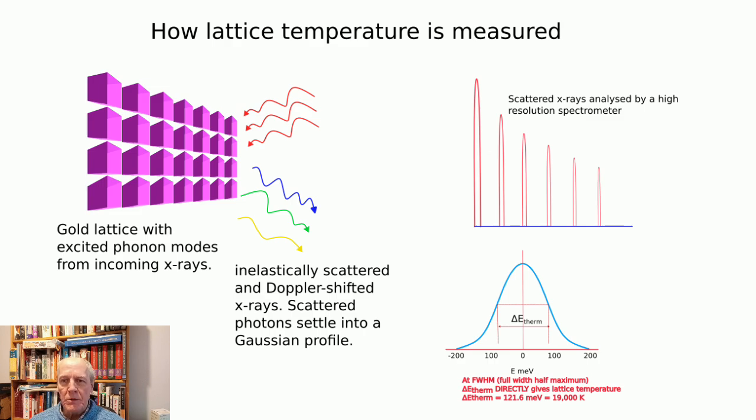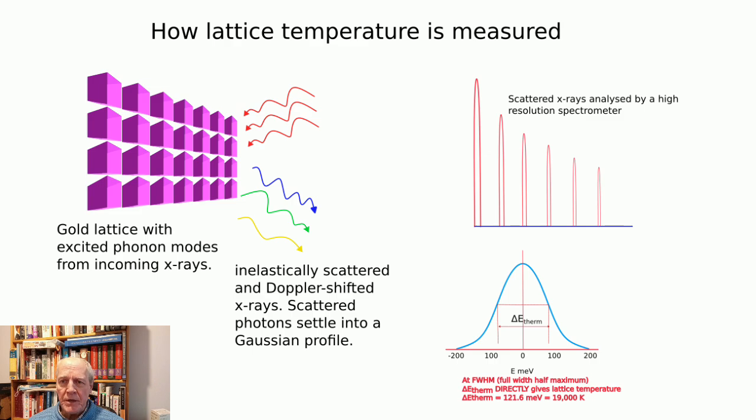The type of scattering that goes on within the gold is inelastic scattering. The scattered X-rays were measured by a very high precision spectrometer, which I've just shown as a typical spectrometer output in the top right hand corner.